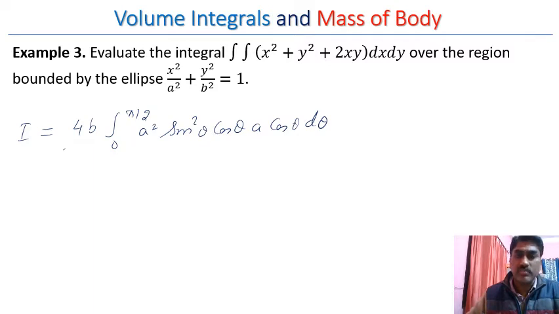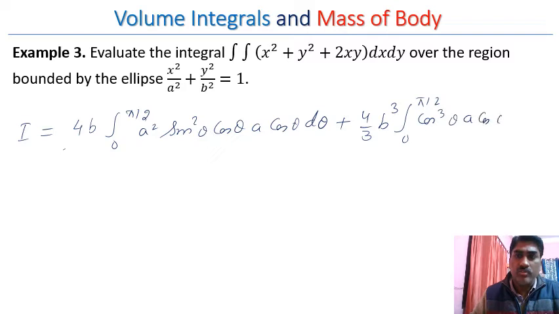Don't just watch the video and assume that everything is true. Sometimes the calculation in the video may be wrong, and you will also not understand unless you put everything in yourself. So this is then 4 by 3 b cube times the integral from 0 to pi by 2 of cos cube theta a cos theta d theta.